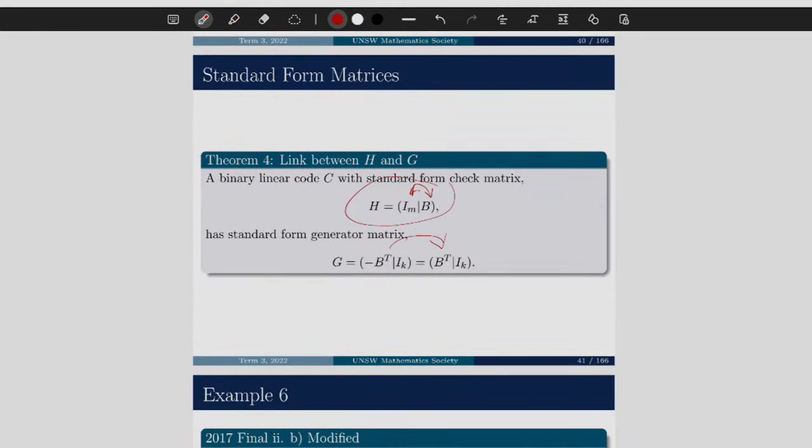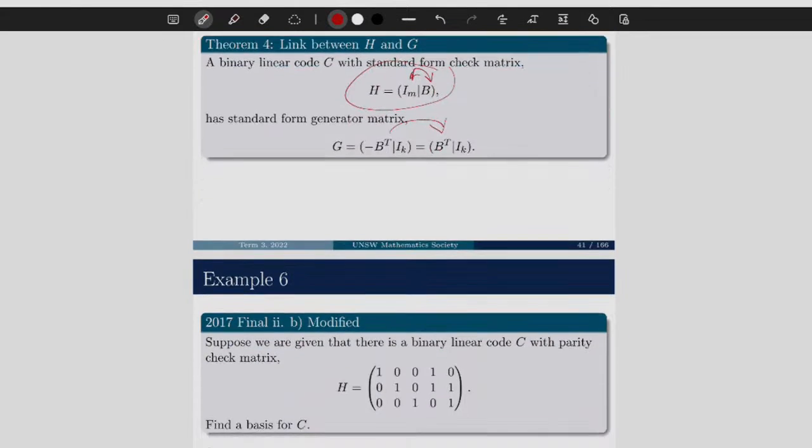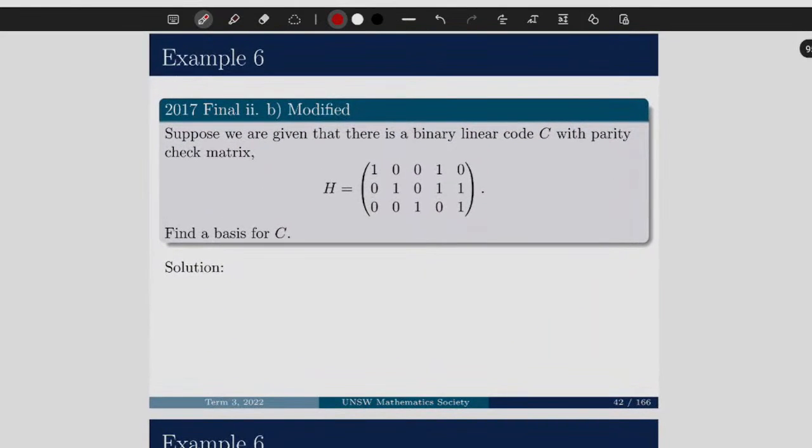Okay, that's basically our conversion there, and we'll go through an example of that right now. So from our 2017 paper, we're going to be trying to find a basis for C. Instinctually when I look at this, I go, hey, hold on a minute. The very first 3 columns is our identity matrix. This makes my conversion so easy.